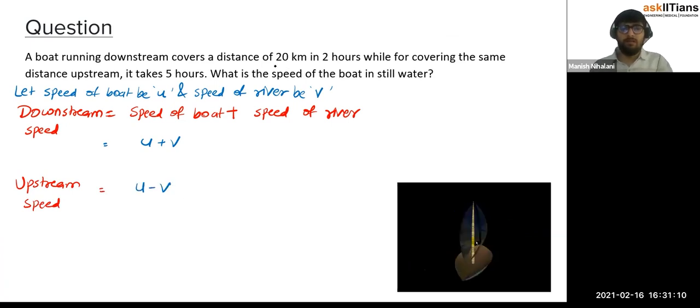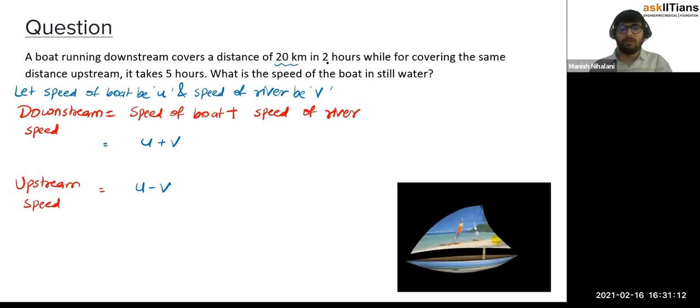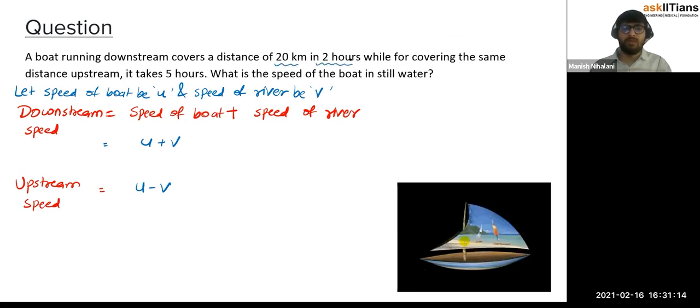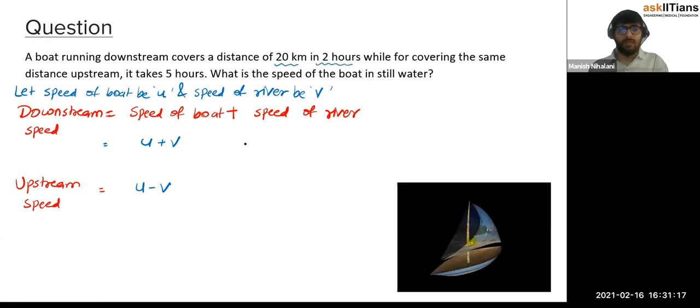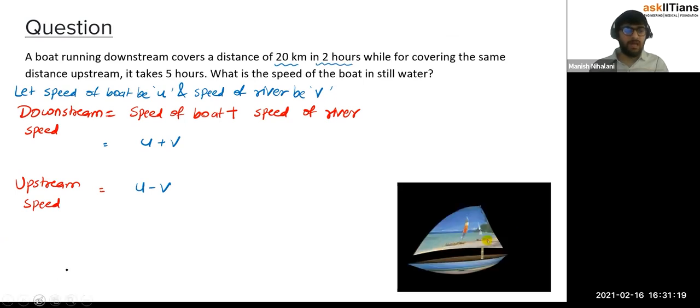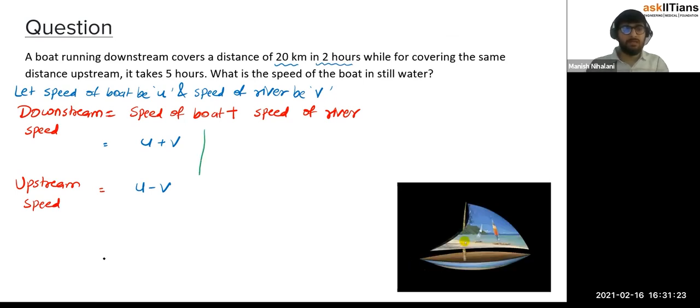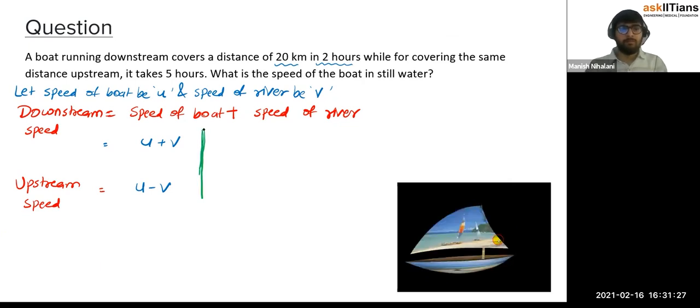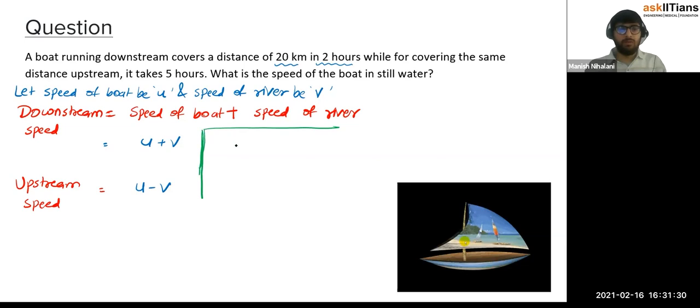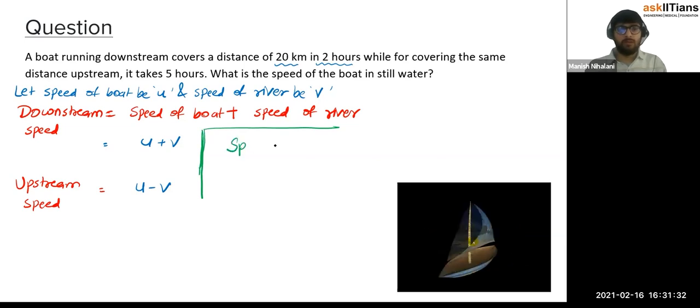And it says it covers a distance of 20 kilometers in 2 hours. So we know one important result, which we have studied in physics and in lower grades as well, that speed is equal to distance upon time.